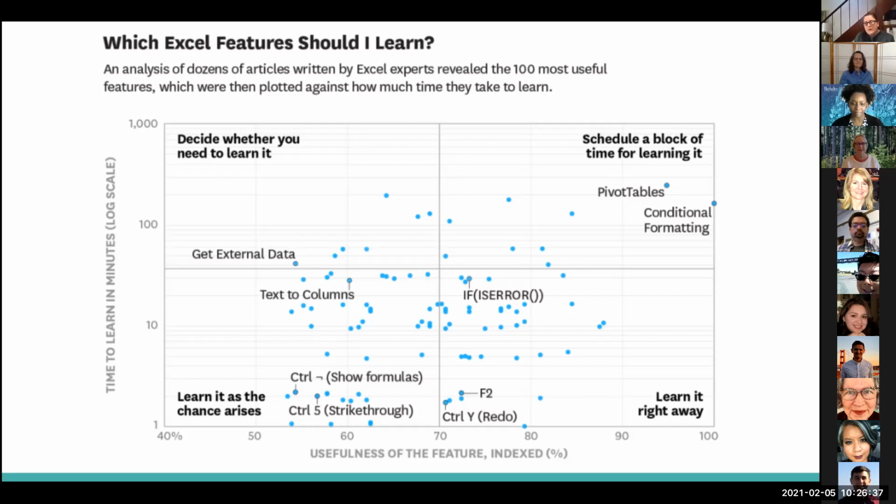F2, which is step into a cell. IFERROR is a great one, just from a static point of view. It's like a wrapper for other formulas, and I finally took the time to figure out the syntax of that, and it's very nice because if you ever have an error message like #N/A or #DIV/0, it can feel annoying and anxiety producing for me anyway.